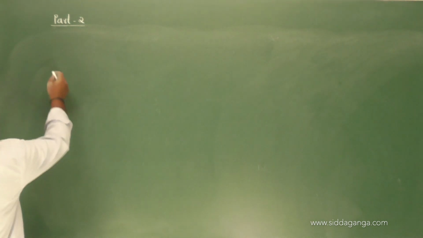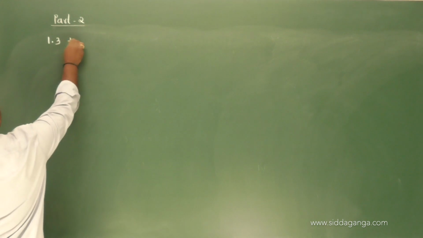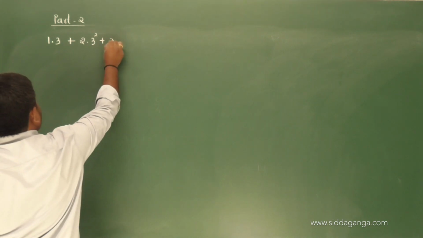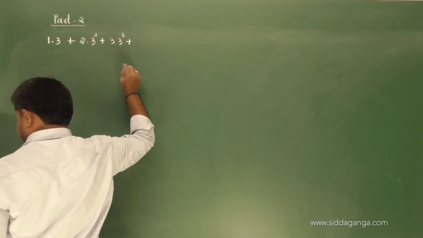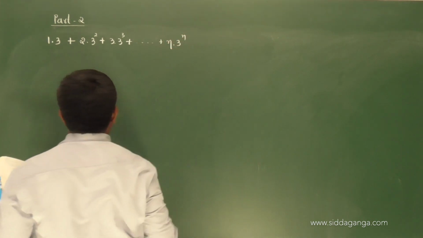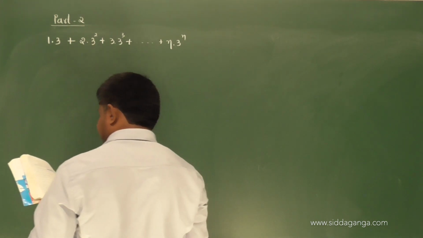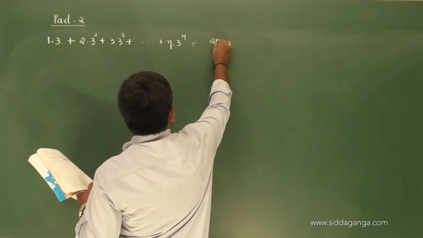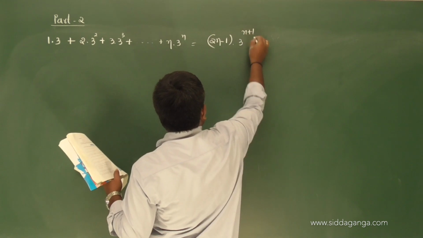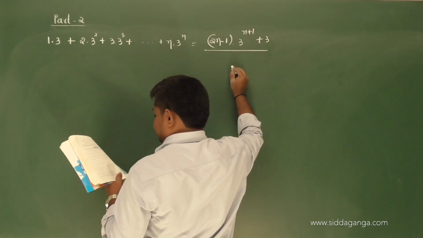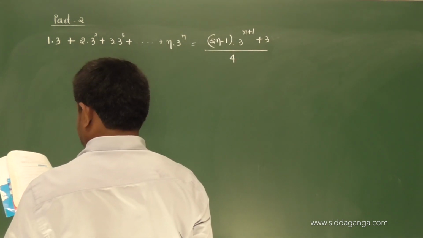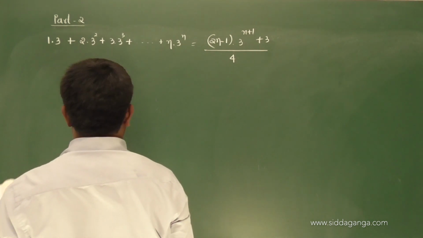The given statement is: 1 into 3 plus 2 into 3 square plus 3 into 3 cube plus, and so on, so nth term is given by n into 3 power of n, equal to 2n minus 1 into 3 power of n plus 1 plus 3, whole divided by 4.